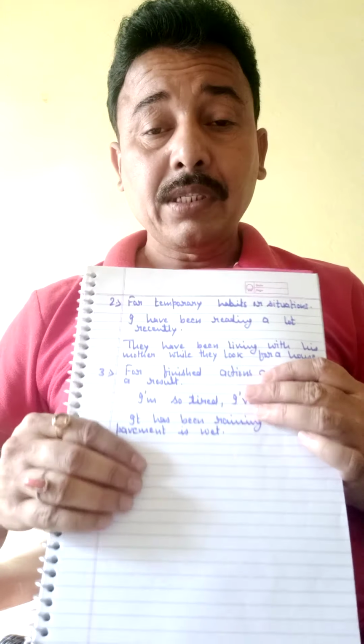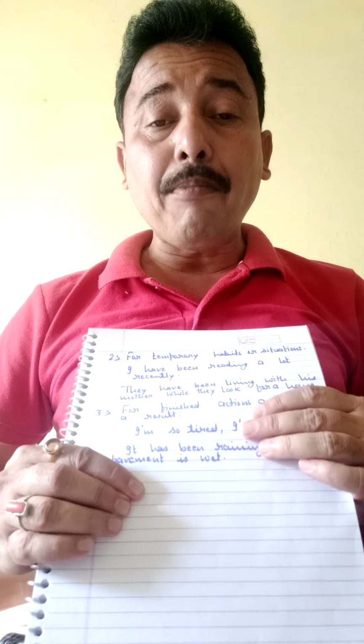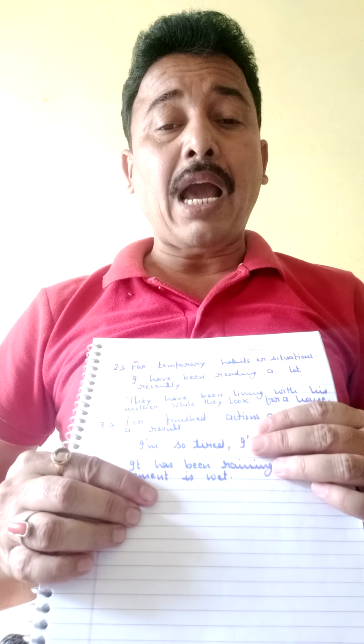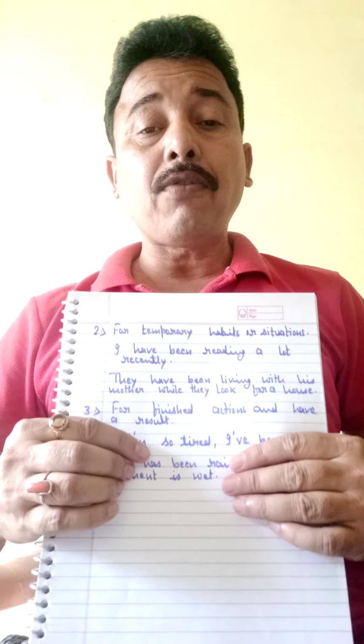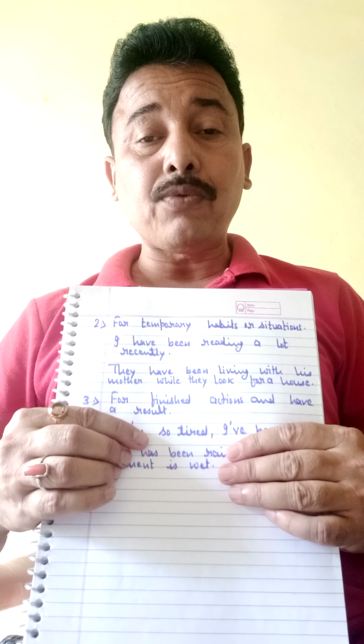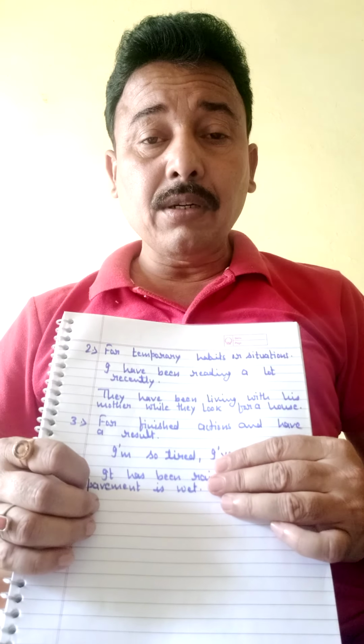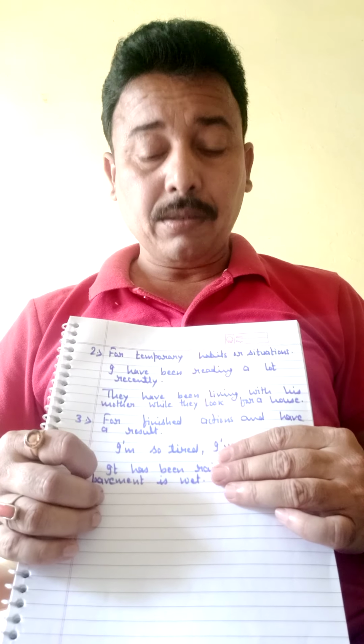Then second, for temporary habits or situations. I have been reading a lot recently. This is temporary. There is no since or for time reference word required here. They have been living with his mother while they look for a house. So this is a temporary situation.